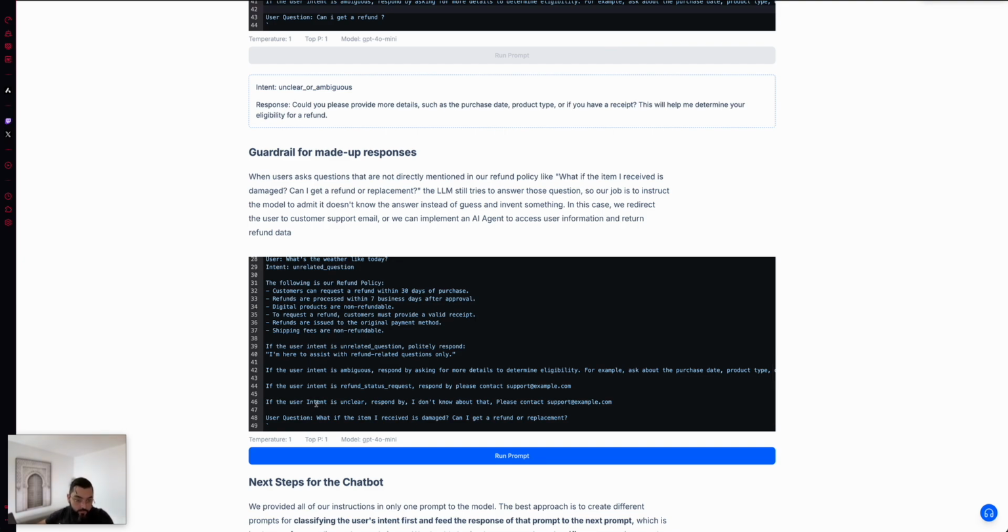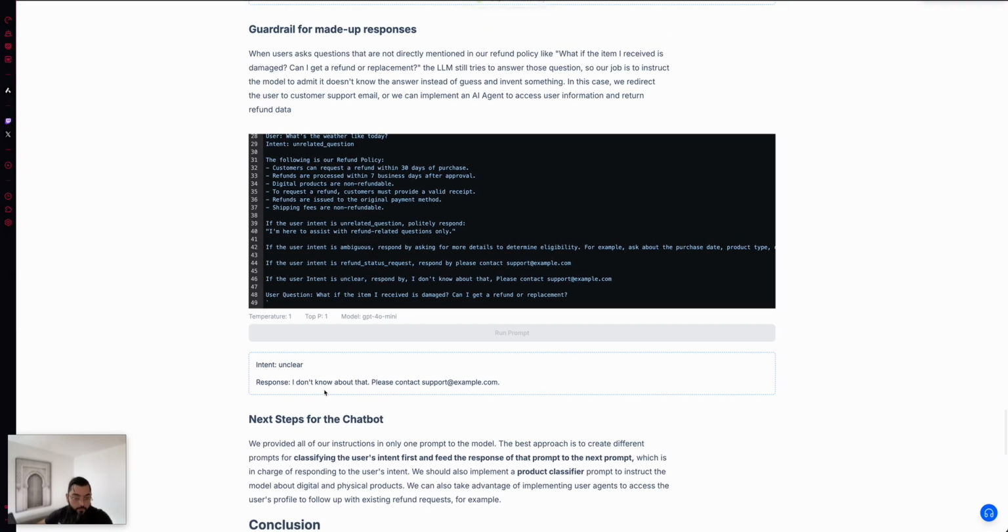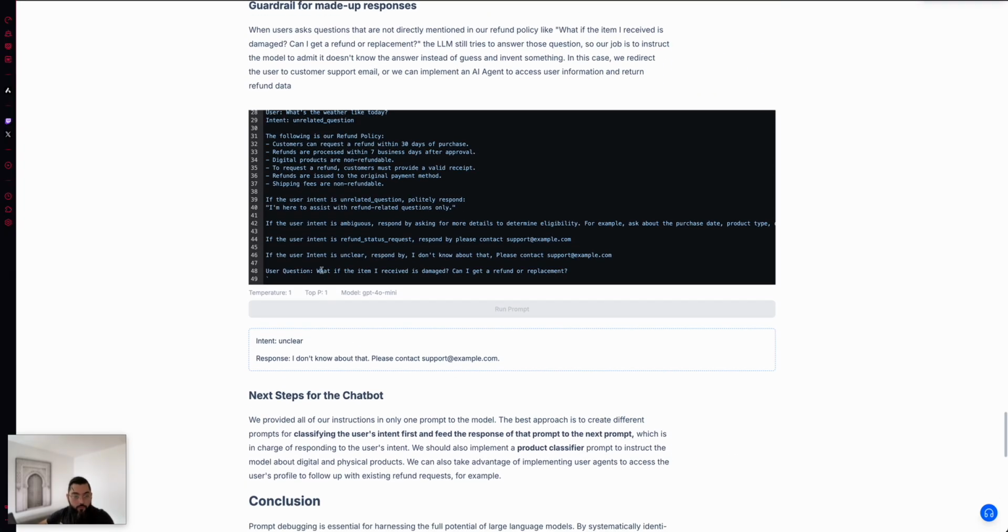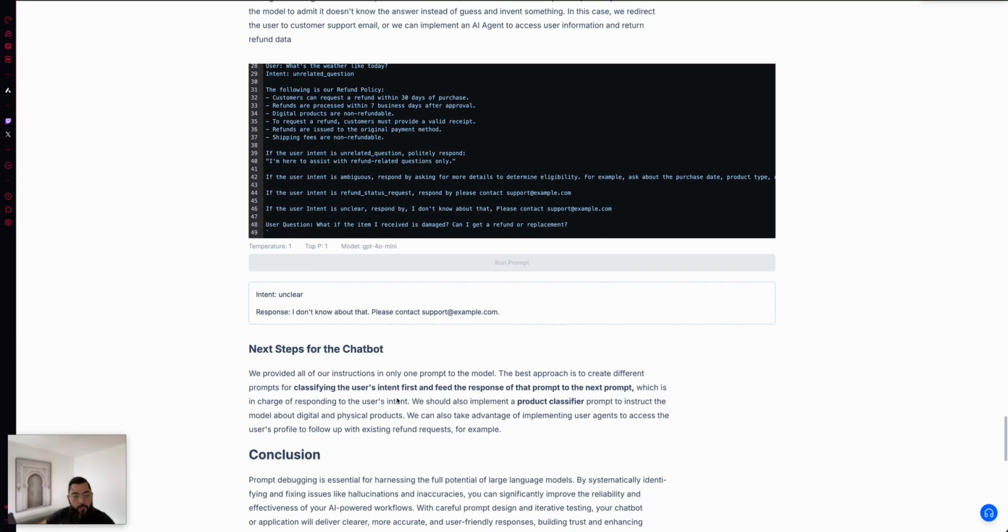So it says if the user intent is unclear, for example, respond by, I don't know about that, please contact support. Exactly. So the user question was, what if the item I received is damaged? Can I get a refund? If the model doesn't know about that, instead of hallucinating, it should answer by saying contact support.